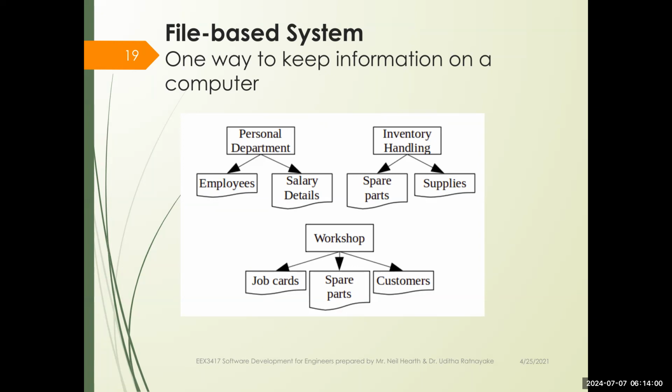So we can put three computers there, and we can put employee details and salary details in one computer. Inventory means information, data regarding the physical parts, or things like tables.